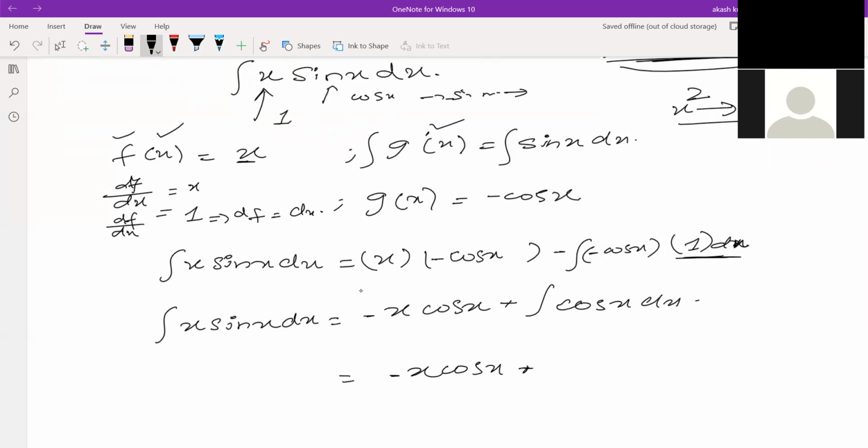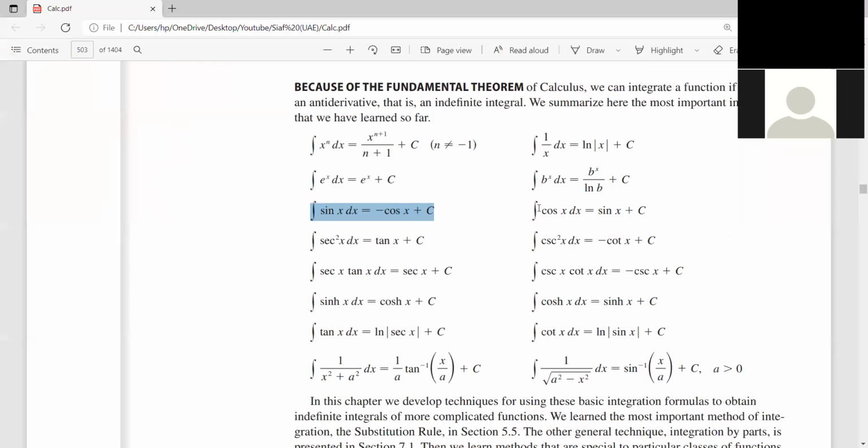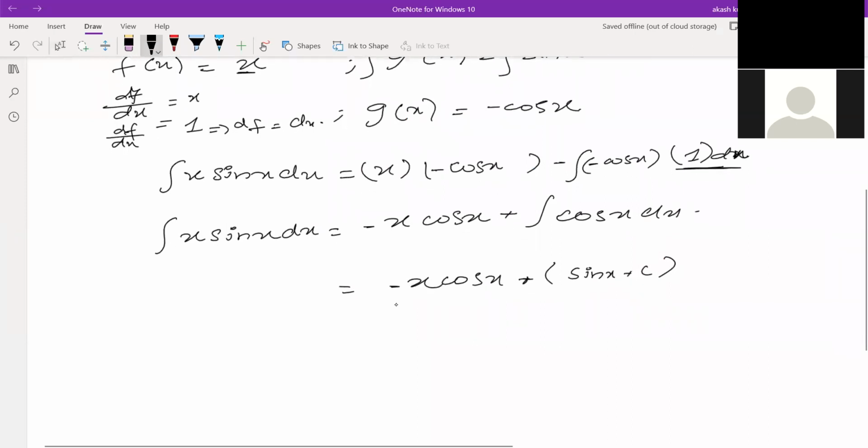Now we have to again take the integral of cos x dx, and the integral of cos x is sin x plus C. Whenever you integrate any function, there is always a constant of integration with it, so we always put plus C. That is the integral constant.